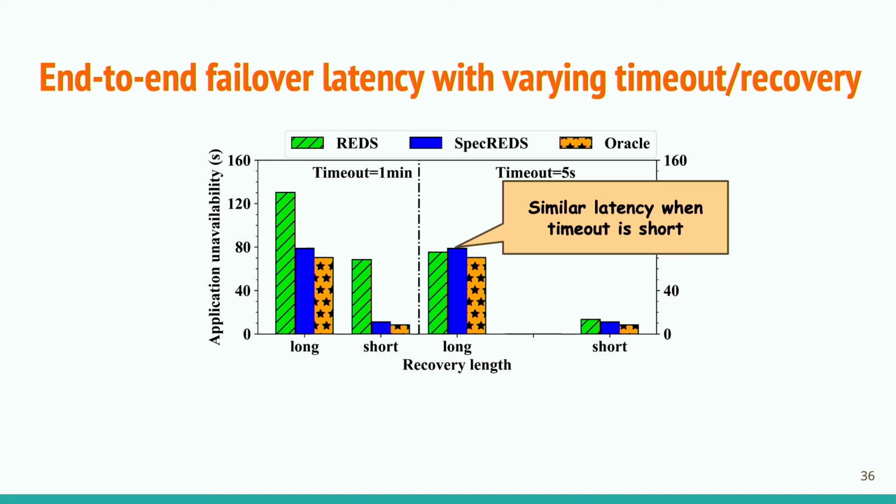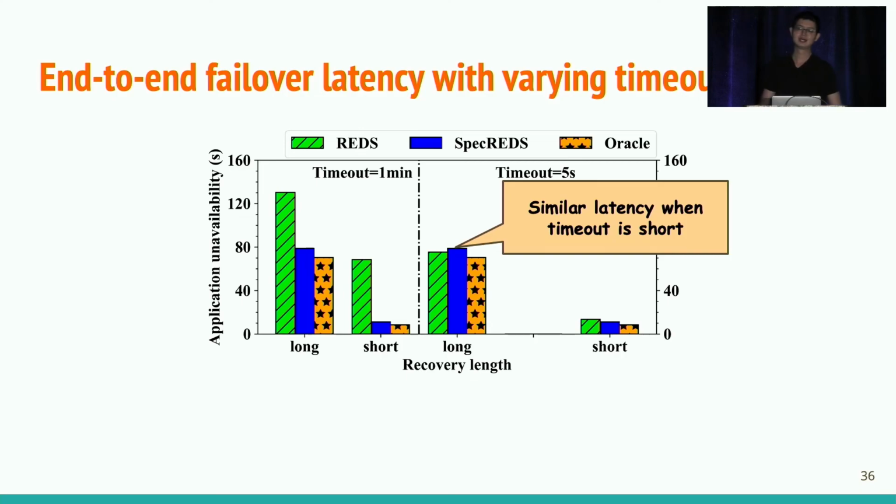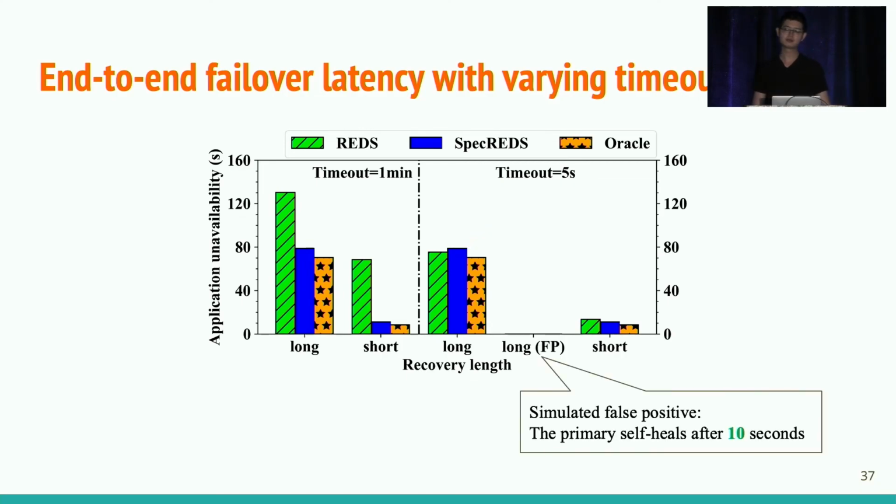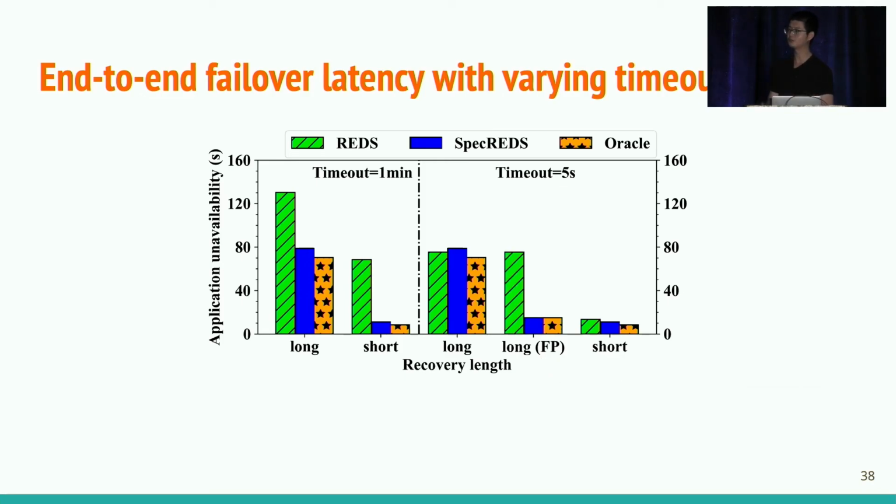But as we discussed, the problem with using a short timeout is that it risks committing to a long recovery unnecessarily. To show this, we simulated a false positive failure where the primary comes back after 10 seconds of being unavailable. In this case, REDs using a 5-second timeout would trigger a 1 minute long recovery, while SpecReds can abort recovery when the primary comes back after 10 seconds.